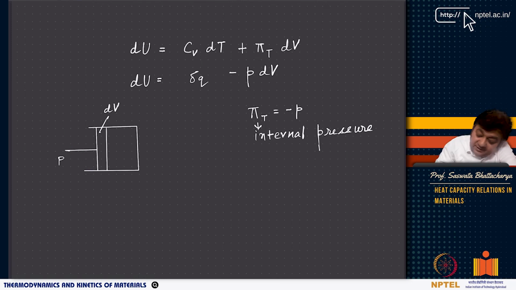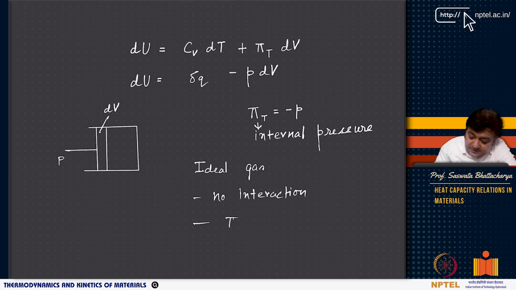Since there is no interaction between molecules in an ideal gas, pi t equals 0. However, for real gases, there is interaction between molecules.